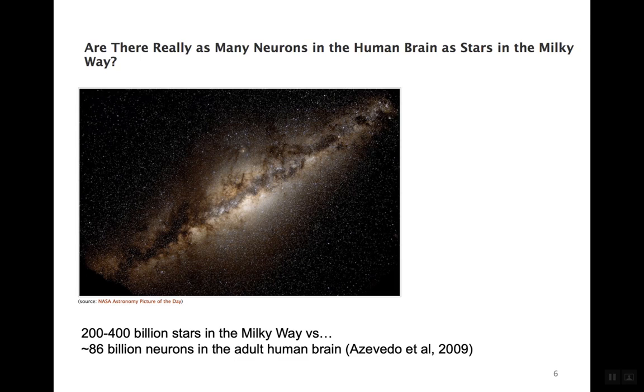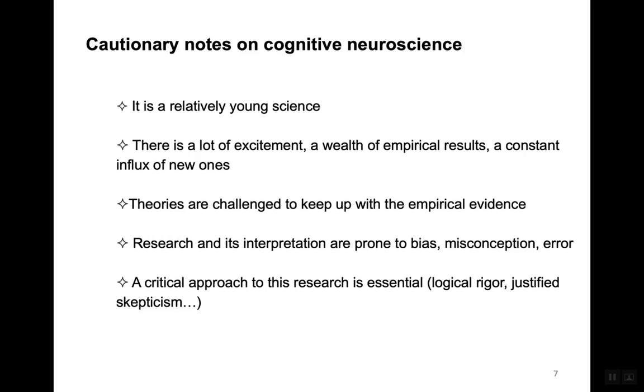So the task is daunting, trying to understand the hardware that makes possible cognition in biological systems. But the results presently are also fascinating, and because of those results and the applications, there is a great deal of excitement about cognitive neuroscience.